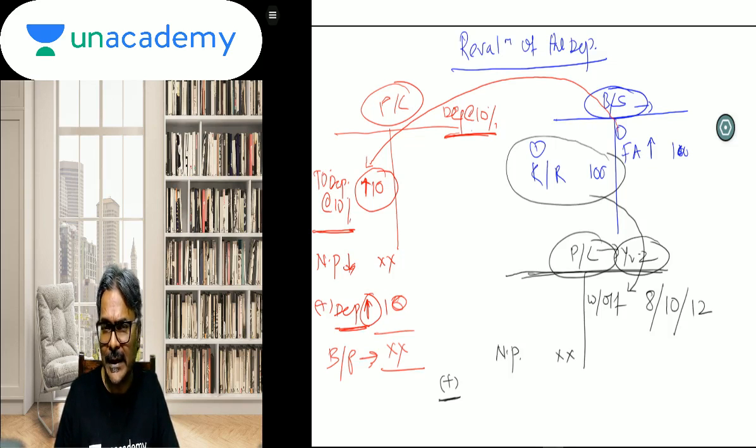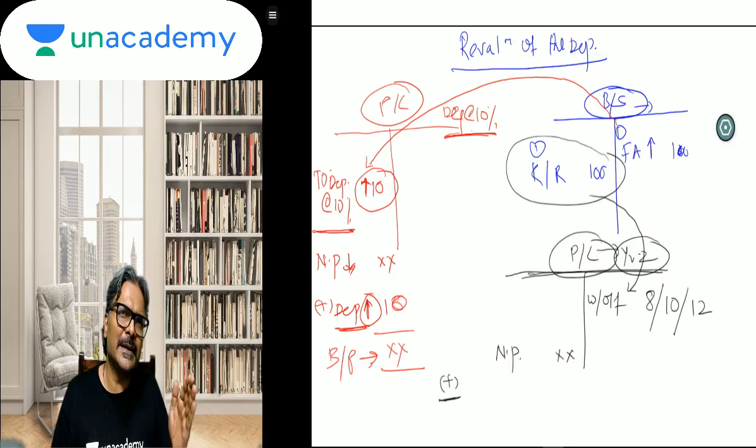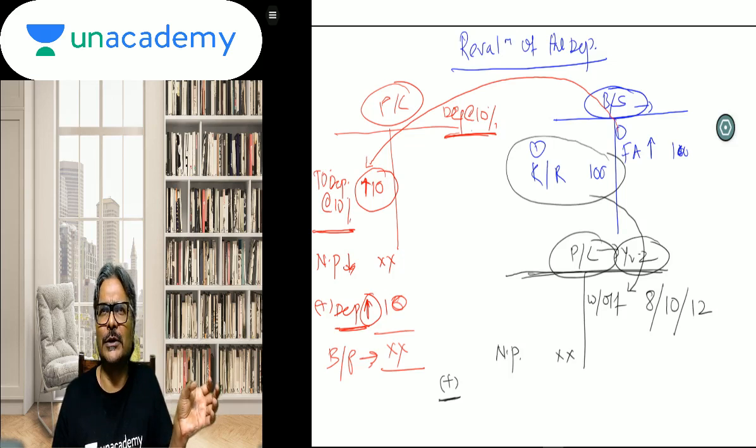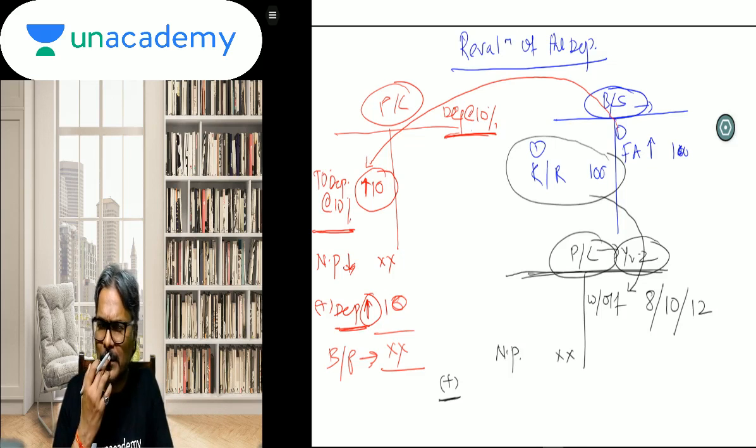If you don't add it back, then again the same situation you will end up coming to, and that is about the double taxation. Because already by adding back the depreciation on the revalued portion, we have already reconciled our book profit to the normal level.